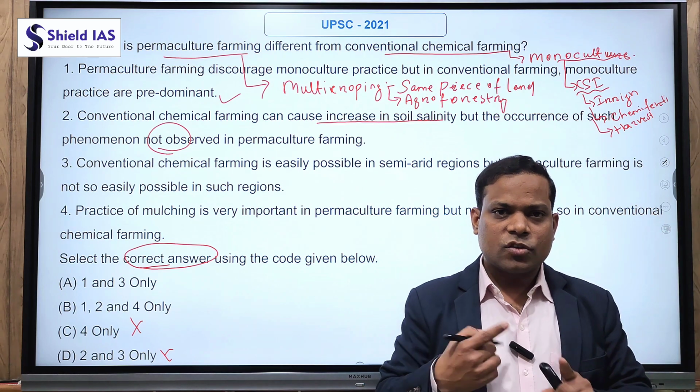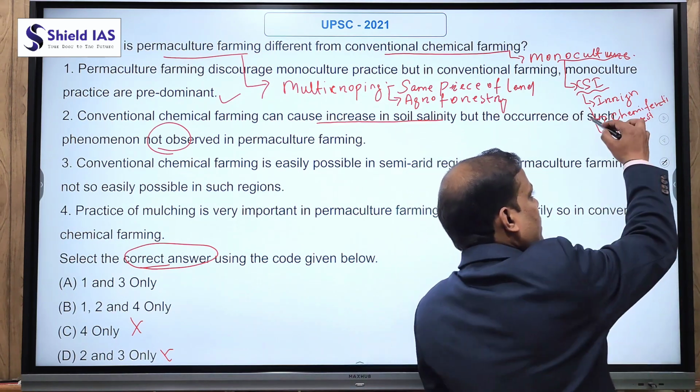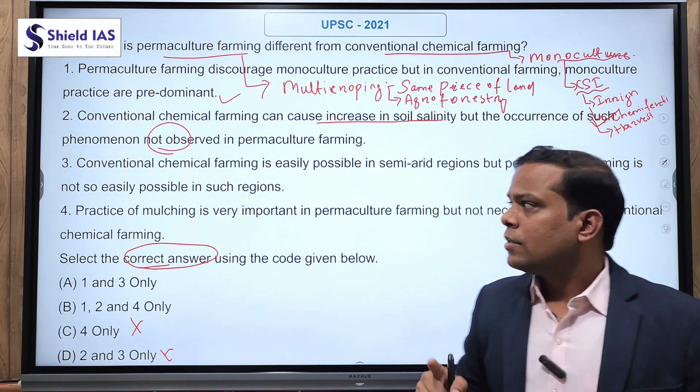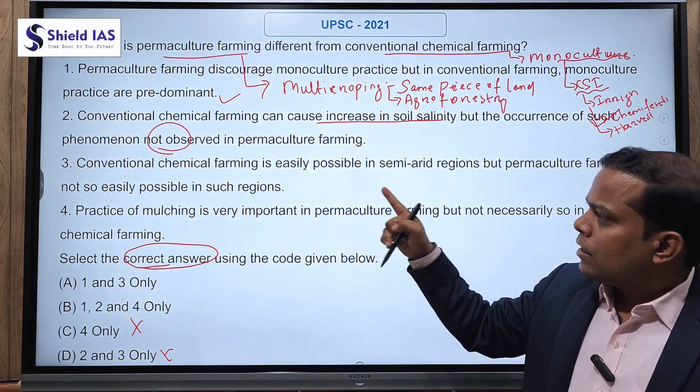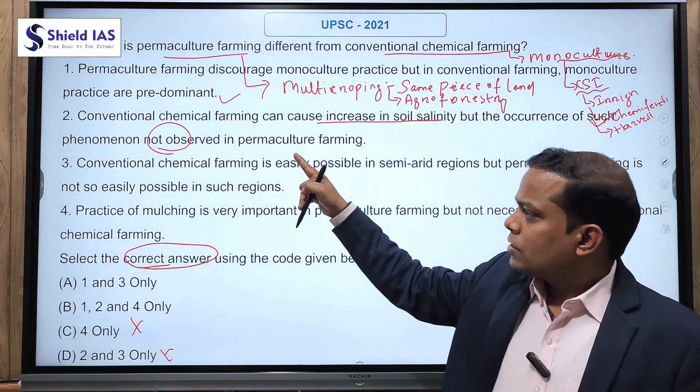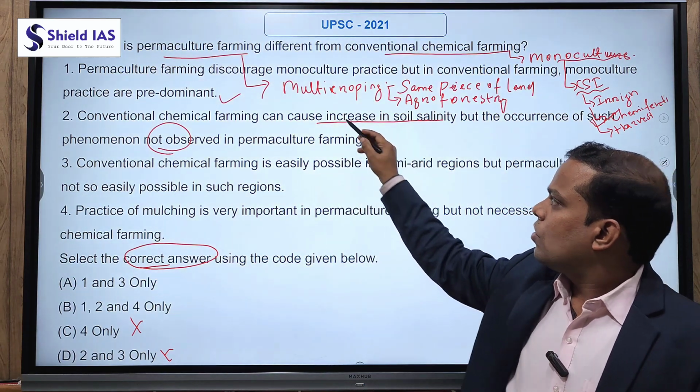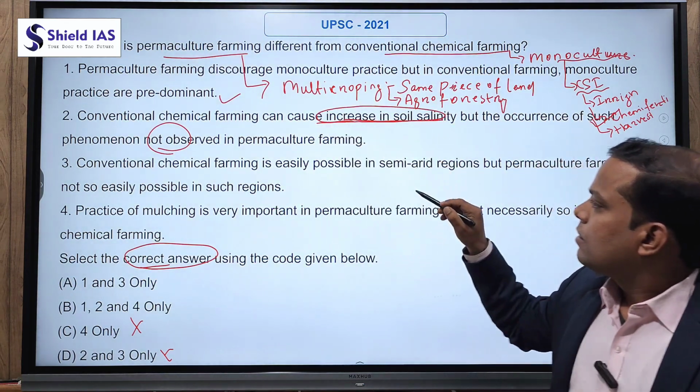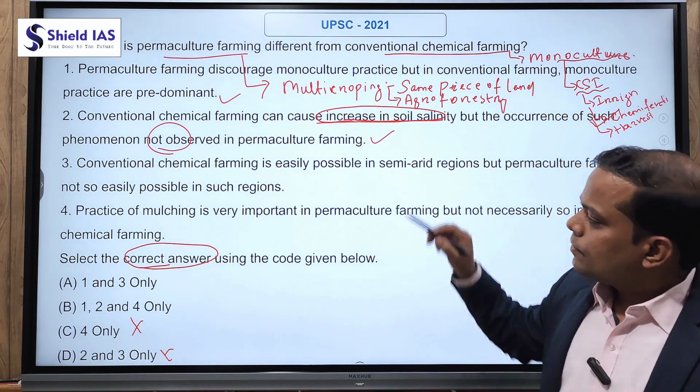And to again increase the soil fertility, we use chemical fertilizer. So this statement is also correct. If we practice conventional chemical farming, it can cause an increase in soil salinity. So statement 2 is correct.